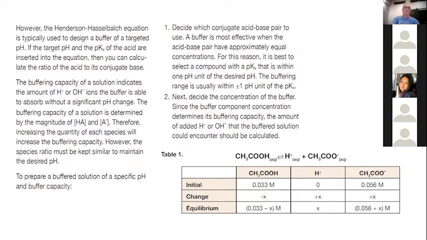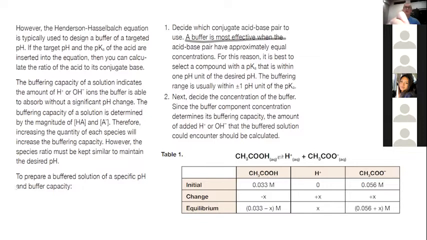So this just basically gives you the same sort of information: if you're going to make a buffer, you have to decide which acid and conjugate base you're going to use.